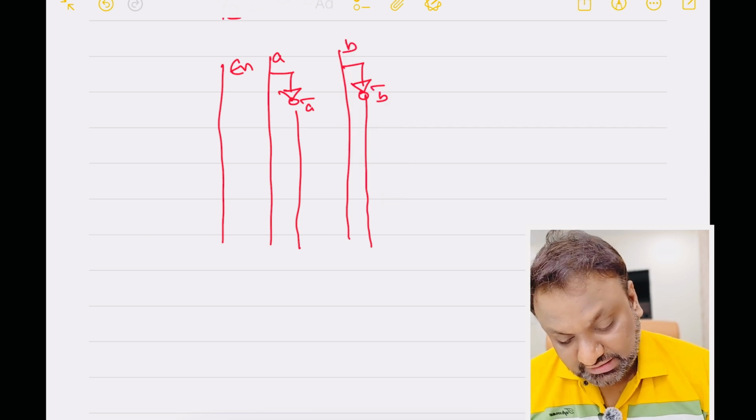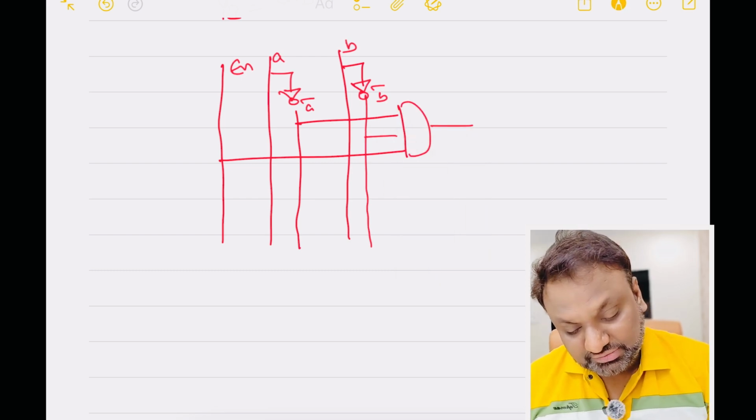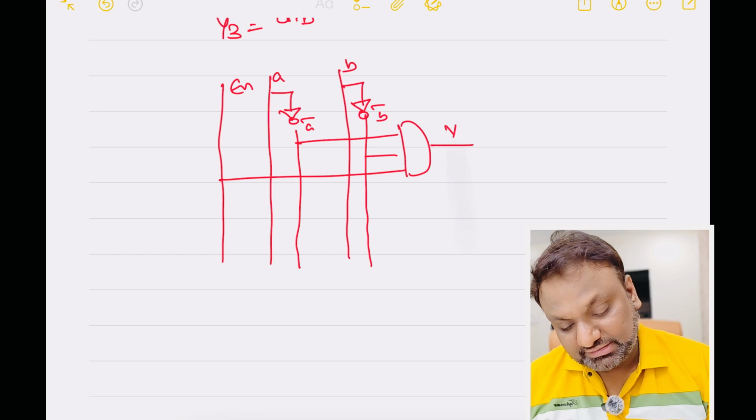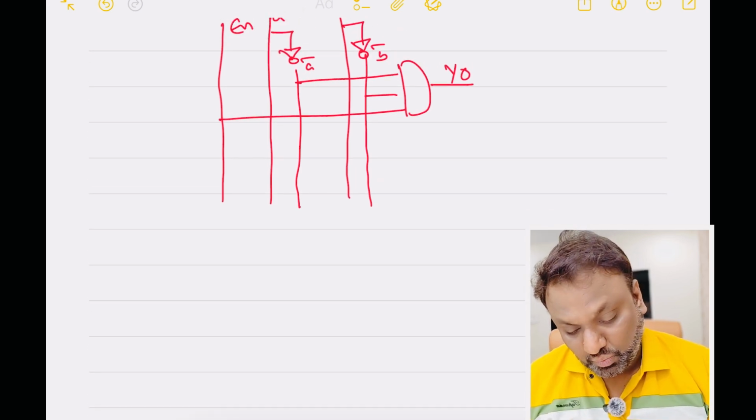A bar into B bar, multiplied with enable, is an AND gate. This will be my y0. Enable should be equal to 1.